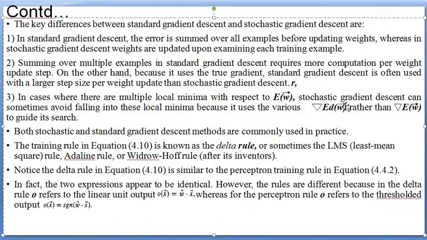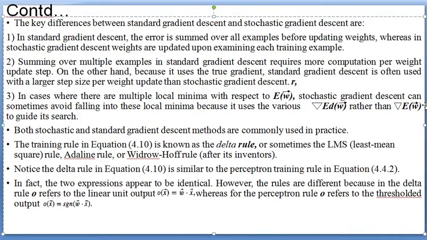So the difference here is, there we take the sum of all the weights, here we are taking individual weight. That's it. Okay, so both stochastic and standard gradient descent methods are commonly used in practice.